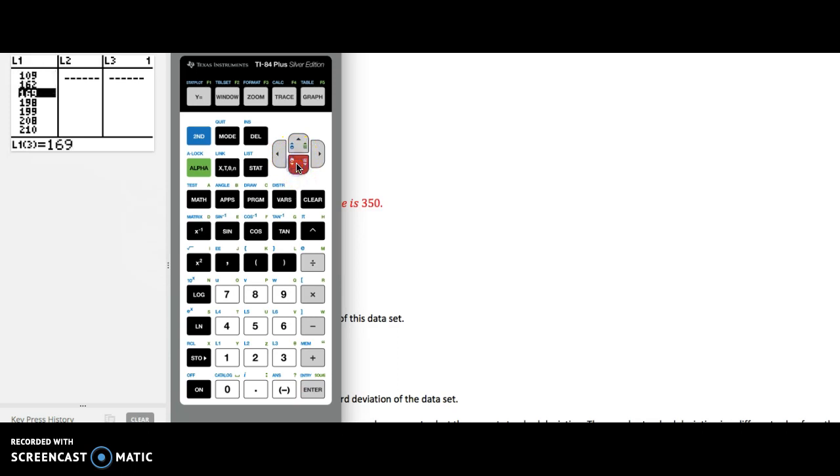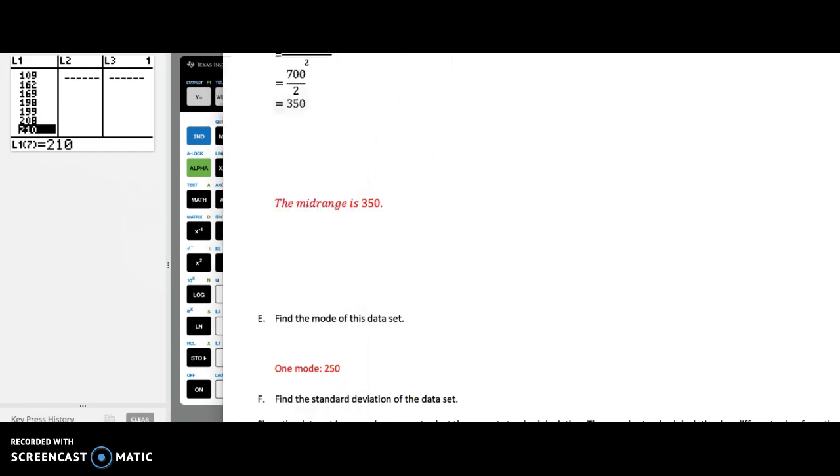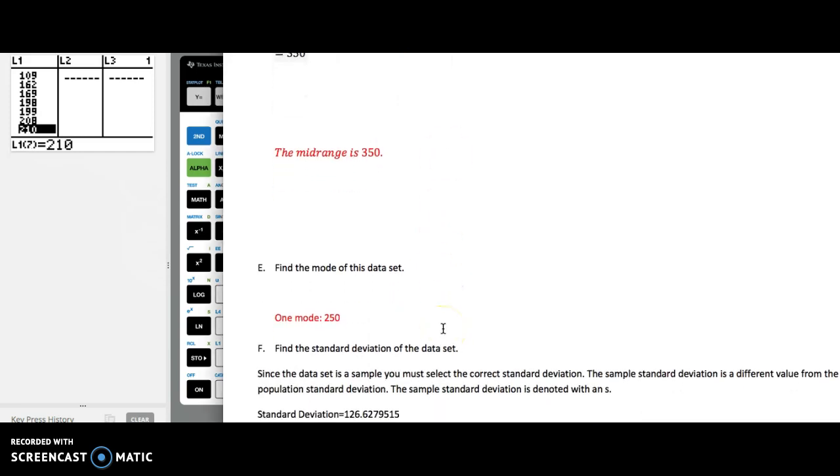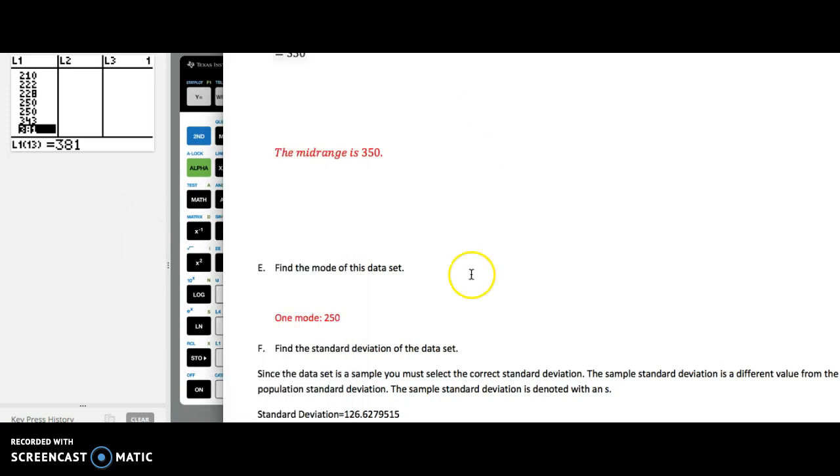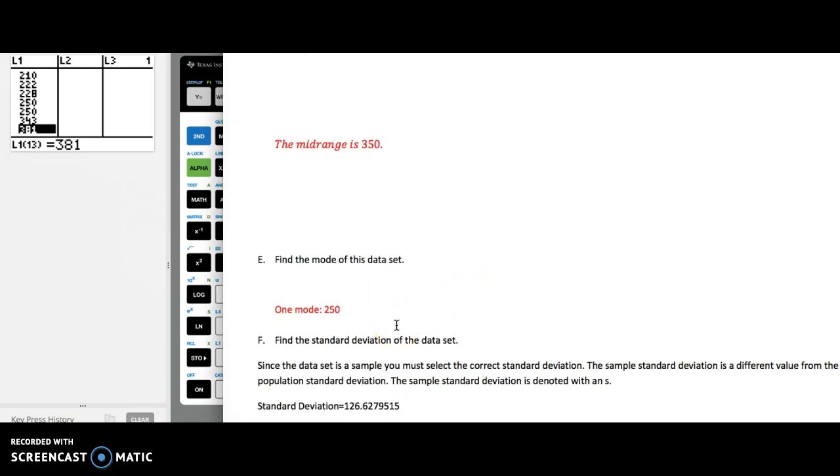This is a helpful way to identify which values repeat. In this case, if you continue to scroll down, you see that 250 is the only value that repeats. Therefore, there is one mode, 250.